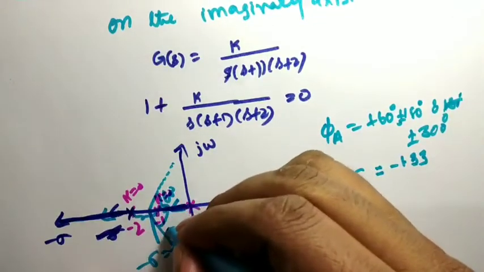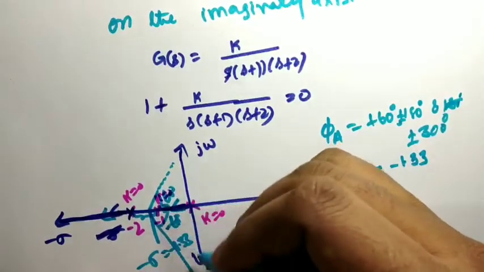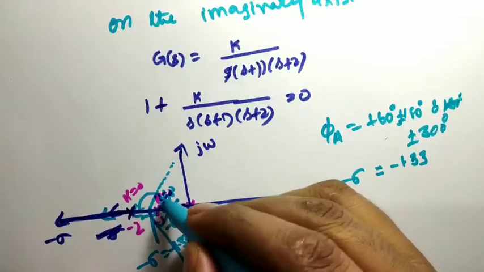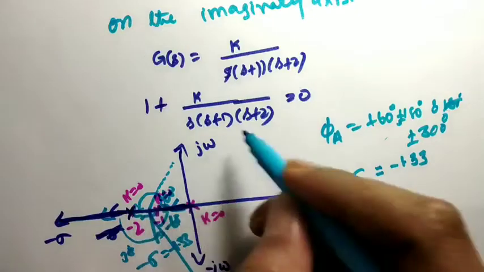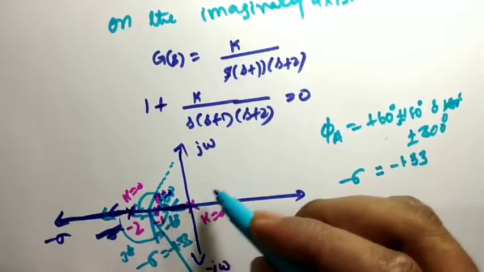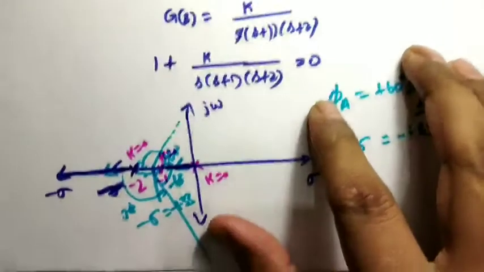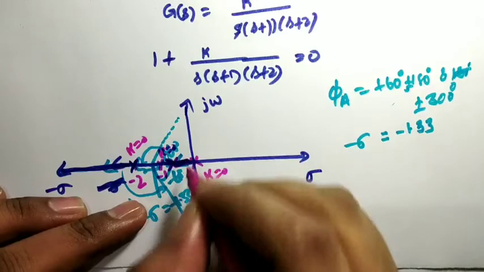Okay, I am going to take minus 60, so plus and minus 60 degrees. So this is 60, then this is 180, and again if you draw, this is 300. So we are taking only the first angle. So as the k value increases, this root moves in this direction and this root will move in this direction.